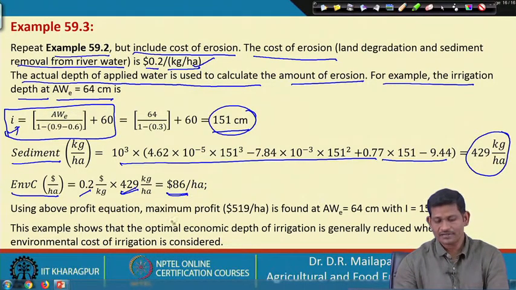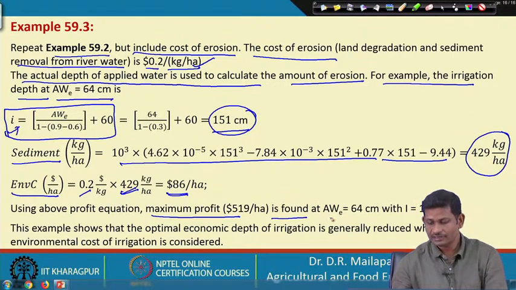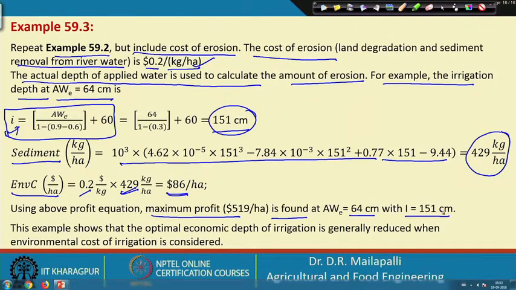So, using the above profit equation, the maximum profit of 519 per hectare is found at AWE 64 centimeter with I equal to 151 centimeter. So, using the previous result, if you subtract $86 from it, you get 519.